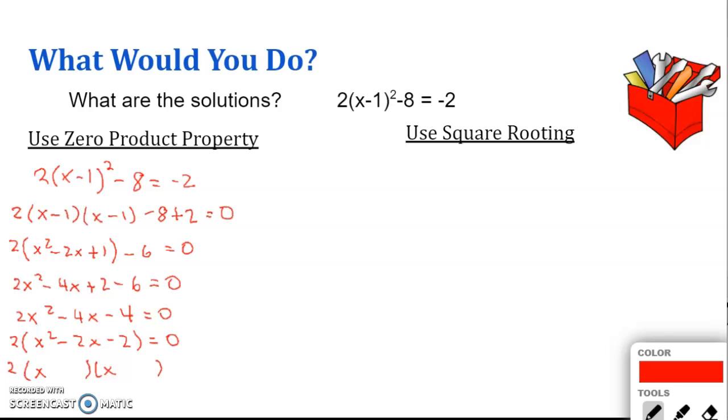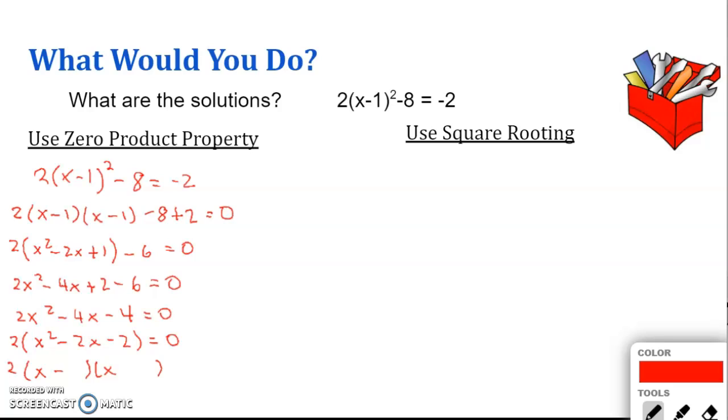So that becomes (x)(x). What two numbers multiply to negative 2 and add to negative 2? Is that possible? The only factors of negative 2 are positive 1 and negative 1.